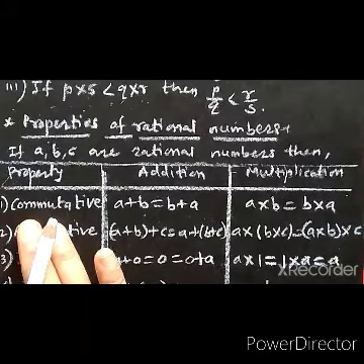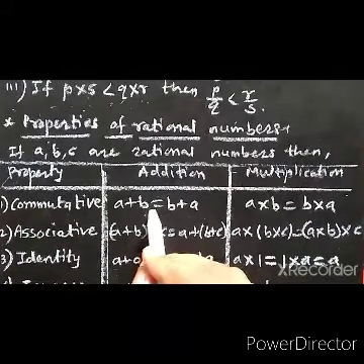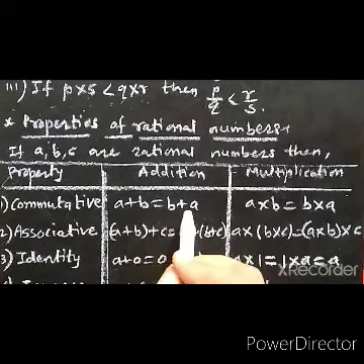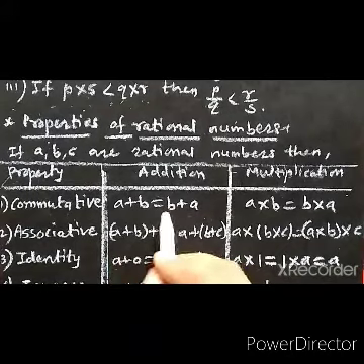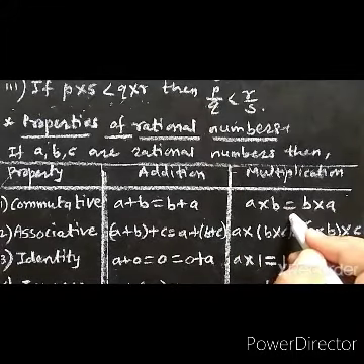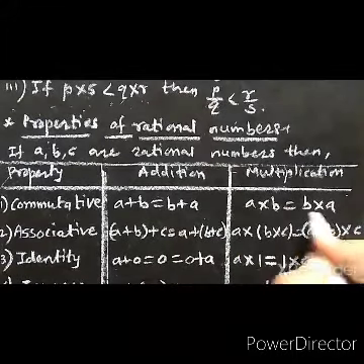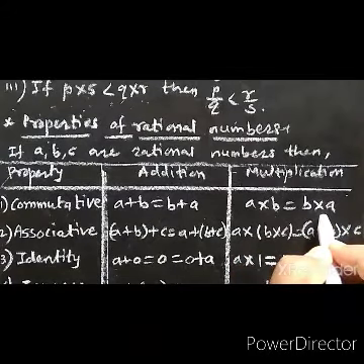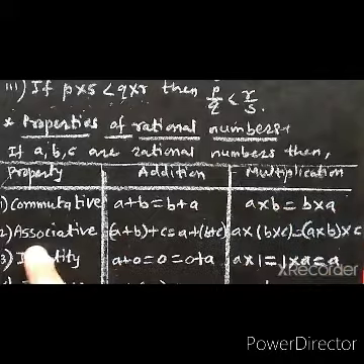So number 1, commutative. For commutative addition, A plus B is equal to B plus A, that is 1 plus 2 is equal to 2 plus 1, that is 3. Multiplication, A into B is equal to B into A. So 1 into 2, that is 2, and 2 into 1, that is 2. So we will get the same answer.